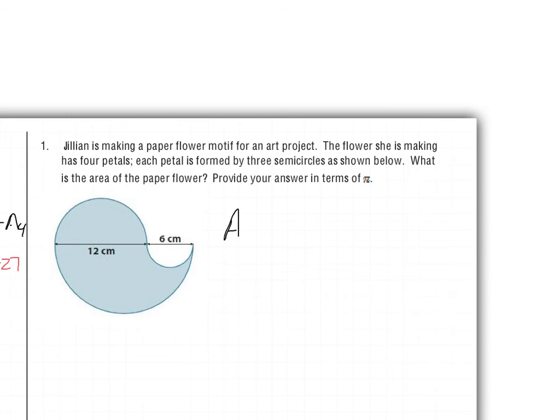The area of this shape, so for me I look at this as I had a semicircle. We'll call this area 1, and then from that semicircle I took away this semicircle, area 2, but then I added on this semicircle, area 3. So my story here is that I had area 1, which was a semicircle.